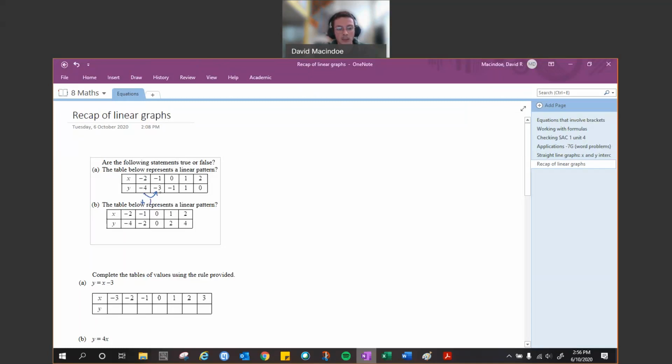From -3 to -1, you're actually adding 2. So now we're going up by a different amount. Here we're adding 2, here we're adding 1. Because it's not always the same amount you're changing by, it is not a linear pattern. So if this says the table below represents a linear pattern, that is false. False, it is not linear.